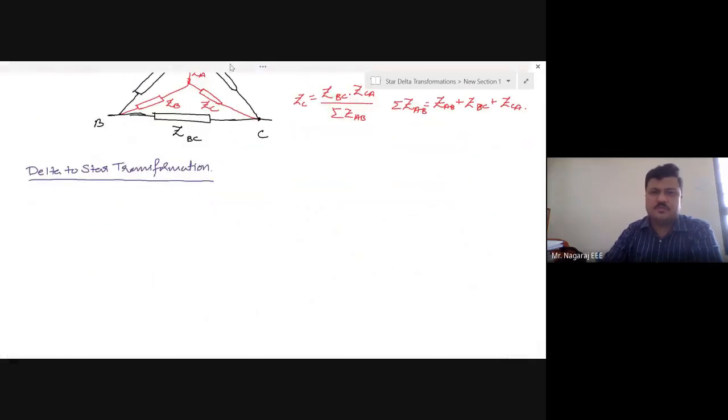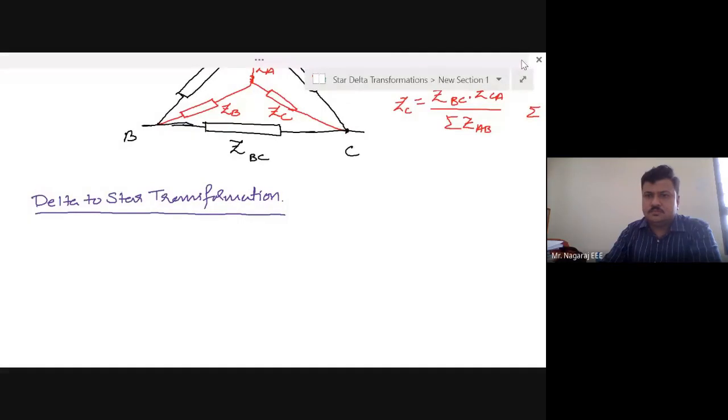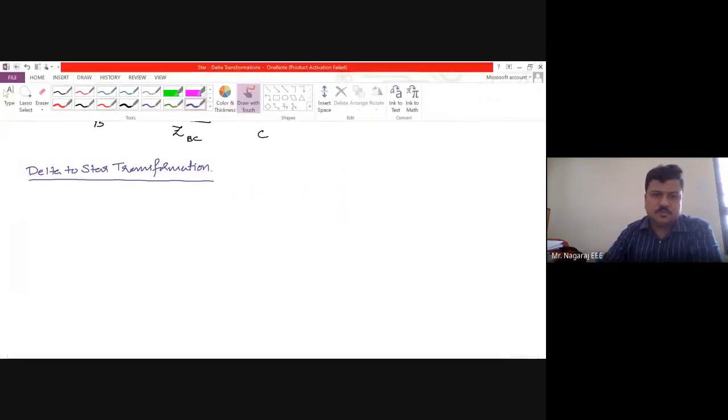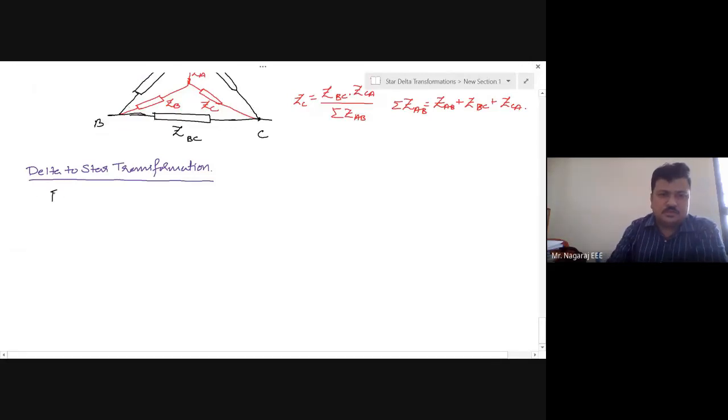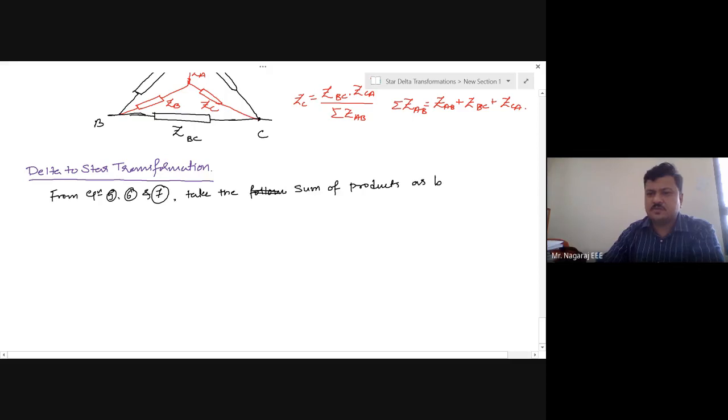So for this transformation, from equations 5, 6 and 7, take the sum of products as below.